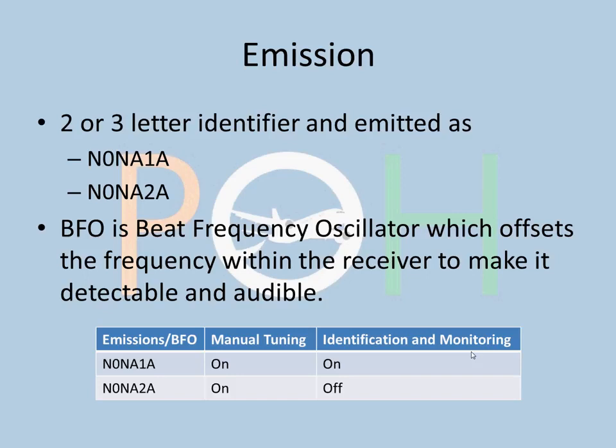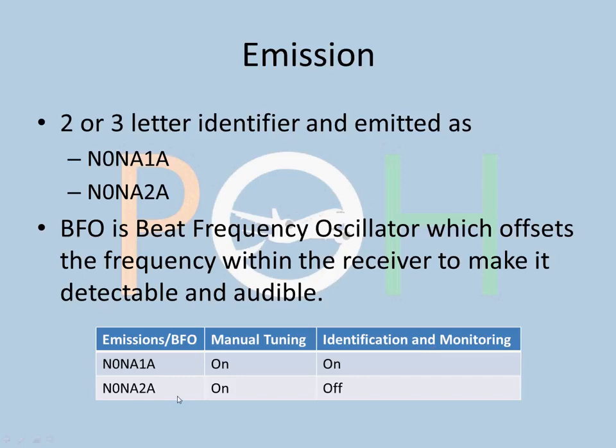audible. For Alpha 1 Alpha, you require the BFO to be on for manual tuning and also for identification and monitoring. For Alpha 2 Alpha, you require the BFO to be on for manual tuning, but for identification and monitoring it is not required. Why? Because Alpha 1 Alpha is the emission of an interrupted unmodulated carrier wave, which requires the BFO to be on for identification and aural reception.